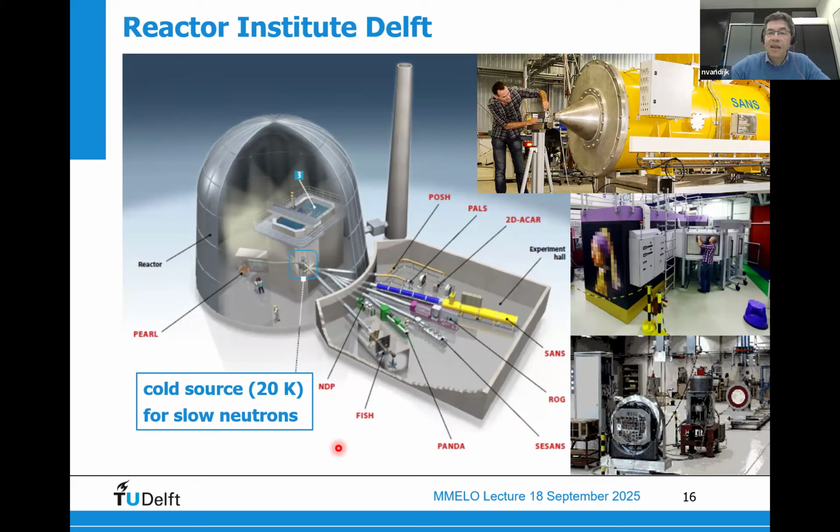We also have our own small angle neutron scattering instrument, which is currently in the last testing stage, and a diffractometer and various other neutron instruments. We recently had an upgrade where we added a cold source, so that now makes it possible to slow down the neutrons that are generated in the reactor and make them useful for the technique that I will describe today.